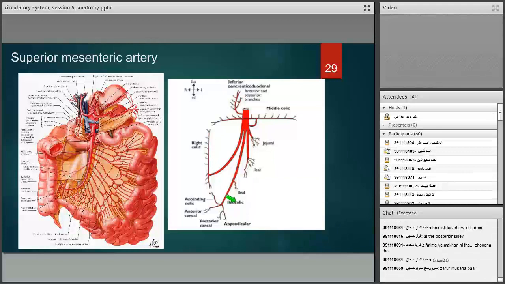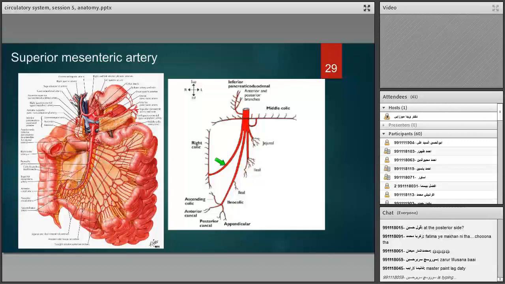The ileocolic branch, look at here, is sending some branches to the appendix, to the posterior cecal branch, posterior side of the cecum, the appendix, and the anterior side of the cecum, and also ascending colic.